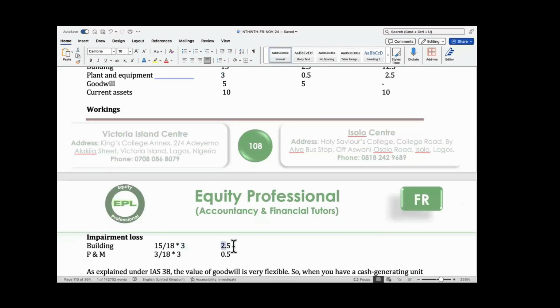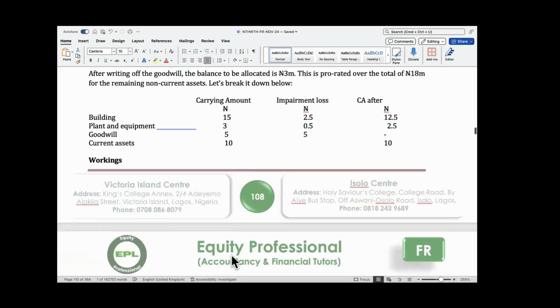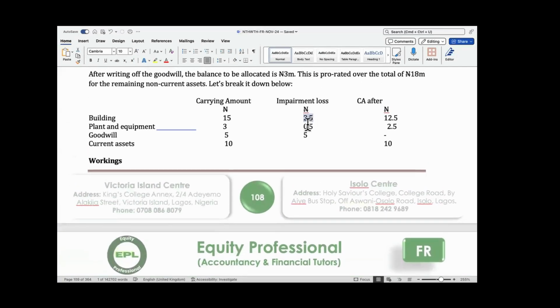If you punch your calculator, that will give you 2.5 million. Then plant and machinery is 3 over 18 times that remaining impairment loss. That gives you 0.5. So we have shared the remaining 3 between them: 2.5 goes to building, 0.5 goes to plant and machinery. So we put them here, 2.5, 0.5.